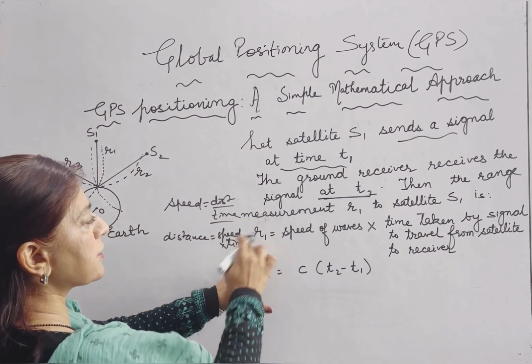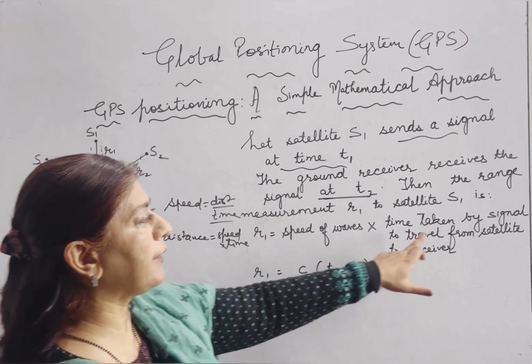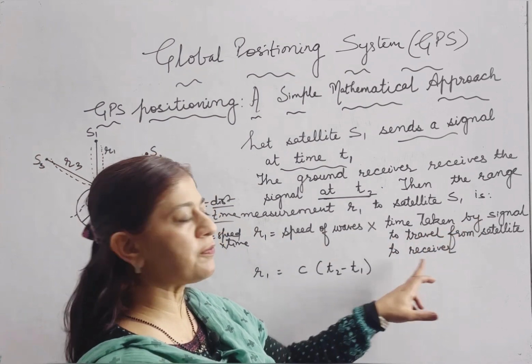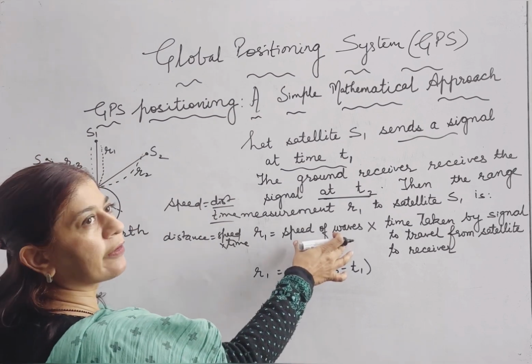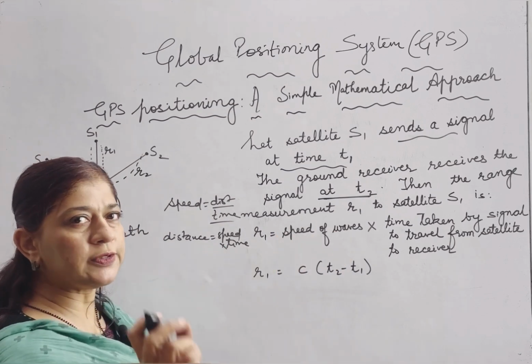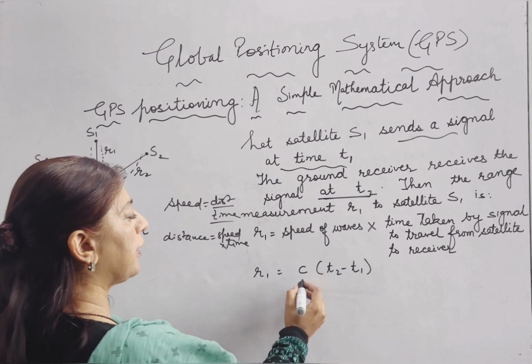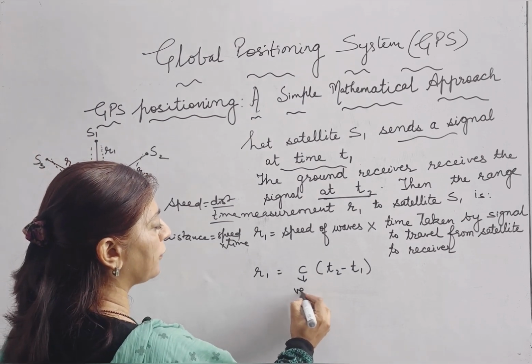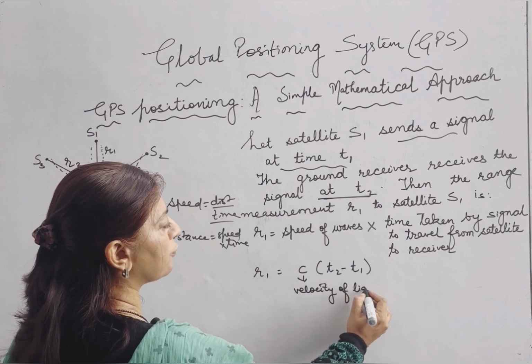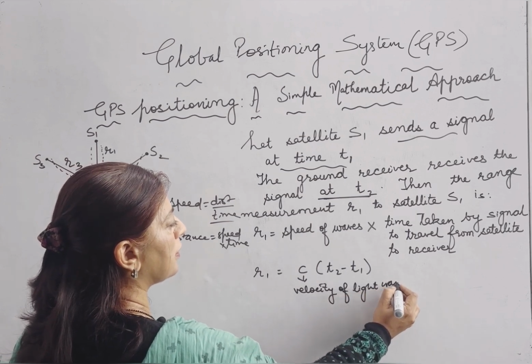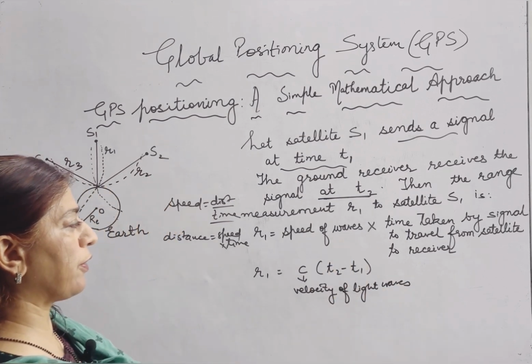So this is the distance, and the speed of the waves, and the time taken by the signal to travel from satellite to the receiver. Now, since these are radio waves, they will move with the velocity of light. Here, c is the velocity of light waves, that is the radio waves that we have taken.